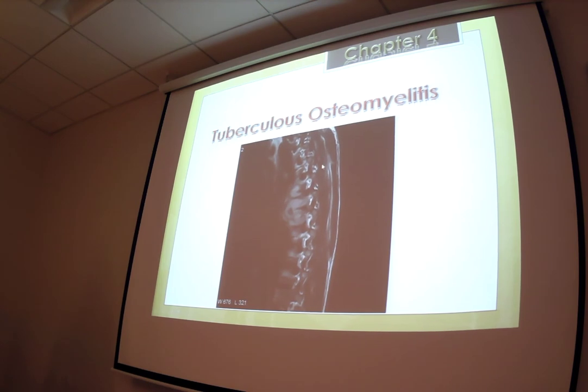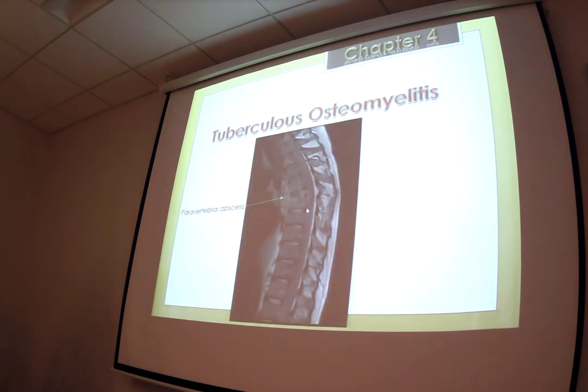So here's an MRI image that helps demonstrate the destruction of the vertebrae in the thoracic spine. Here, this is an abscess in the paravertebral space.